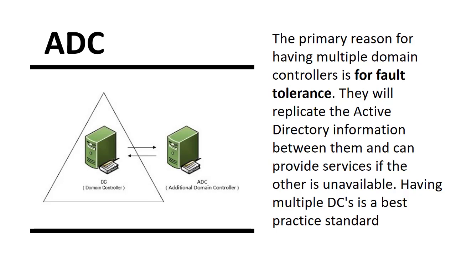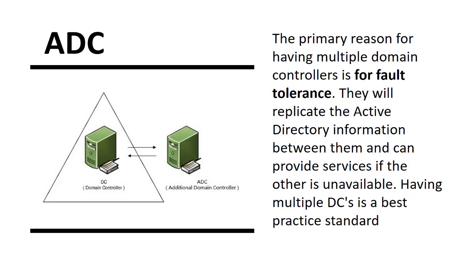They replicate Active Directory information between them and can provide services if the other is unavailable. So they can exchange their information, and we call it replication in the computer world. Or they serve each other in case of any disaster recovery. If the DC is down, then we have an ADC in our environment.